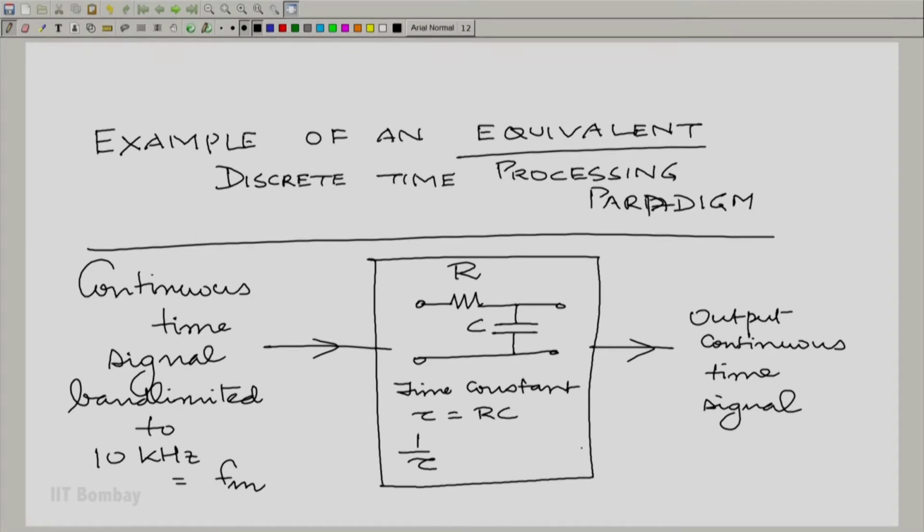Let us take this to be much less than 10 kilohertz. So, let us make it say 3 kilohertz, that is, 1 by tau is equivalent to 3 kilohertz. Note I am writing equivalent here, I will explain what I mean by that. Let us find out what the equivalent discrete time processing paradigm would be here.